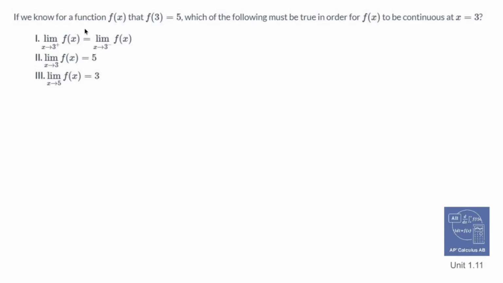If we know for a function f of x that f of 3 is 5, which of the following must be true in order for f of x to be continuous at x equals 3? Well, if it's going to be continuous, then we have the point (3, 5), and we know that's already the case.